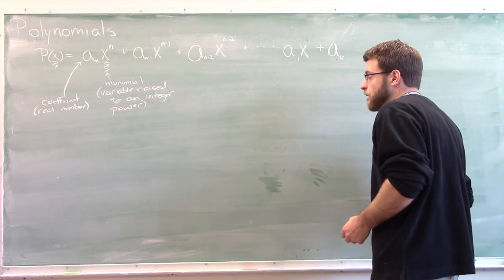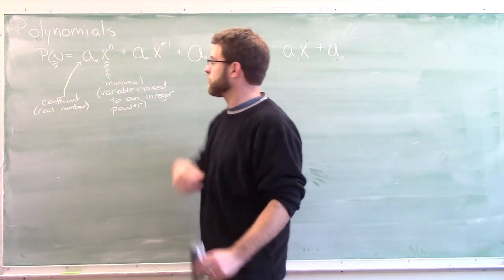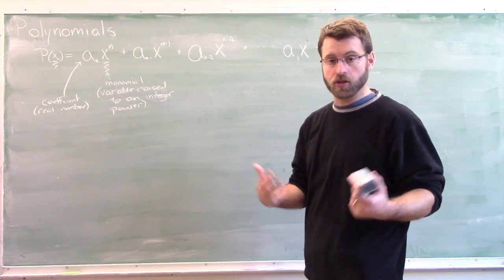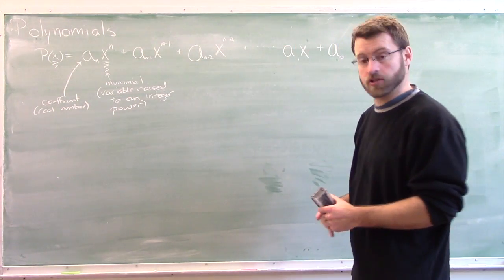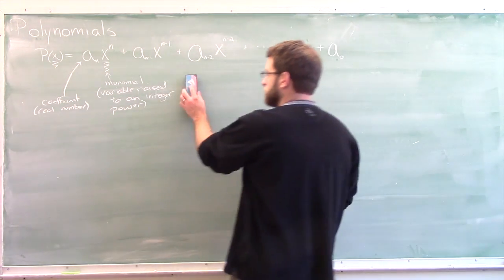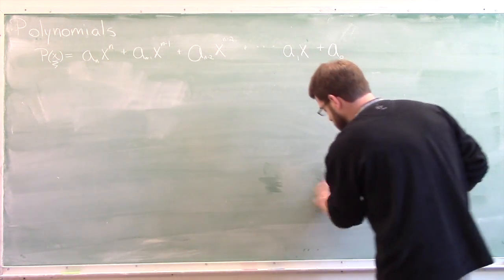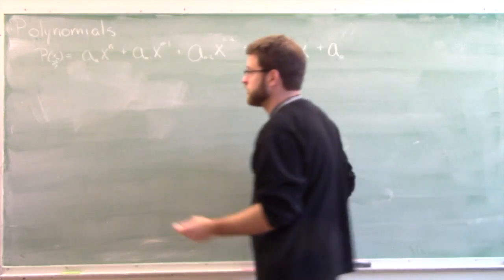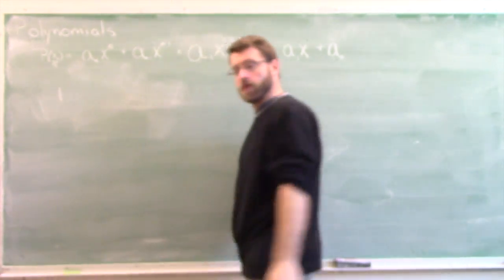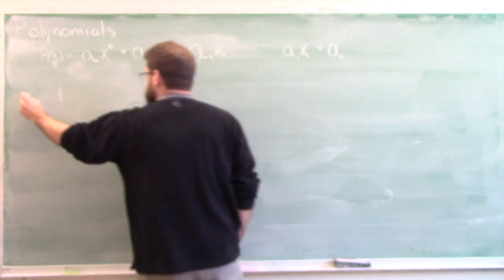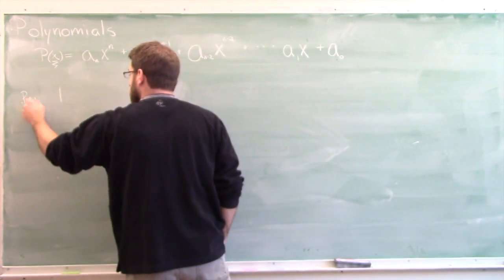Okay? So remember, we've got monomials, and those monomials have coefficients. A polynomial is built by just adding a bunch of these things together. So some examples of polynomials. You could just have a constant function, p of x just being 1. That's an example of a polynomial function.